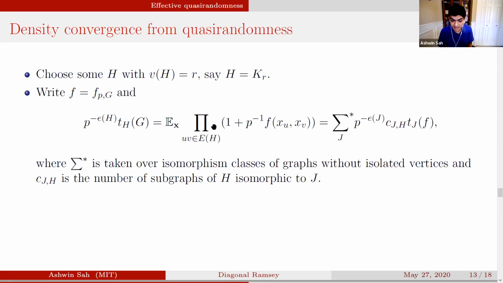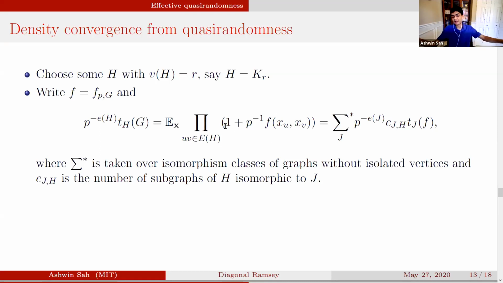So what we do is we expand out this product and we compute the expectation of every term individually. So what's going to happen? Suppose for these edges of H, I chose this term P inverse F, and for the other terms, imagine that we chose the constant function 1.